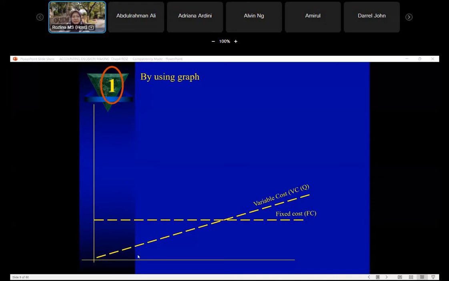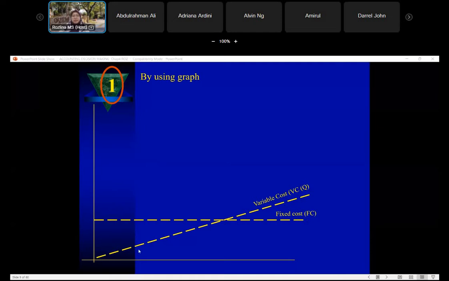Let's say the variable cost is wages. For 1,000 units, the wages are some amount. But if you want to produce 10,000, the wages must be higher, because you take more workers. You want to use more workers to produce the product.